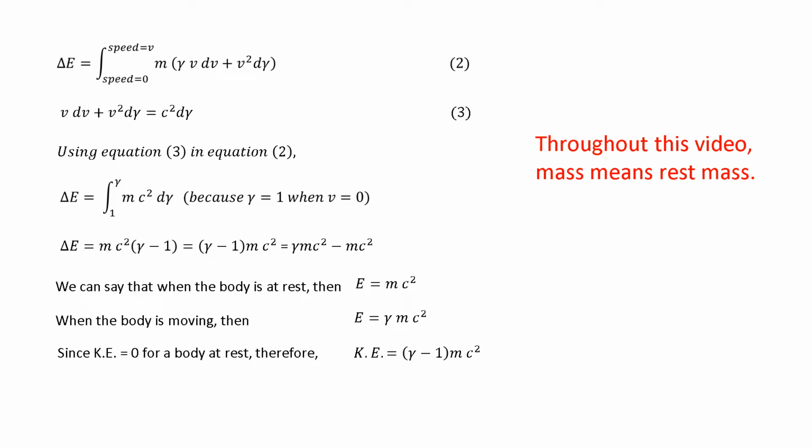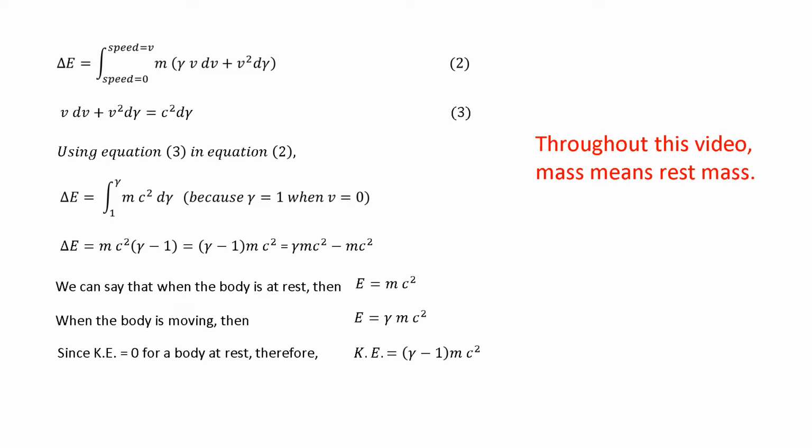Since mc square is a constant and integral d gamma from 1 to gamma is gamma minus 1, we get the expression for delta E. Delta E equals product of mc square and gamma minus 1. We rearrange that and write this as product of gamma minus 1 and mc square. We expand and we get delta E equals gamma mc square minus mc square.